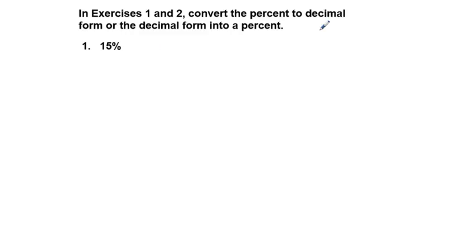In exercise 1 and 2, convert the percent to decimal form or the decimal form into a percent. And so we have this 15%, and the meaning of 15% is 15 percent. Percent comes from the French word pour cent, meaning per 100, for every 100. So 15% equals 15 divided by 100.